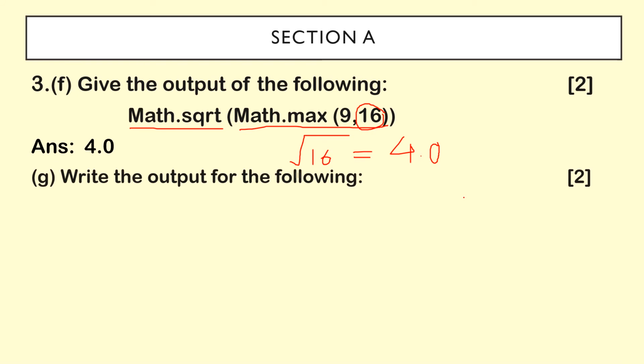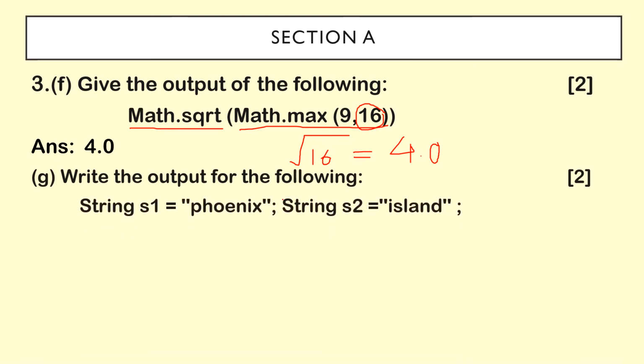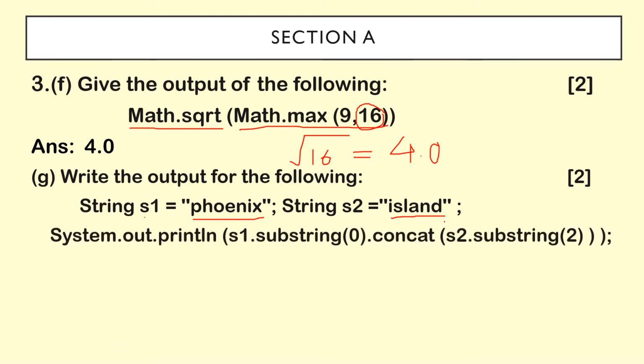Write the output for the following. So we will find out the output. String S1 is phonics, and string S2 is island. System.out.println of S1 substring of 0 means you are creating a substring.